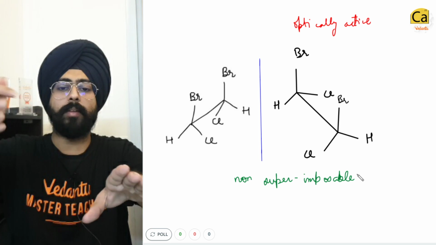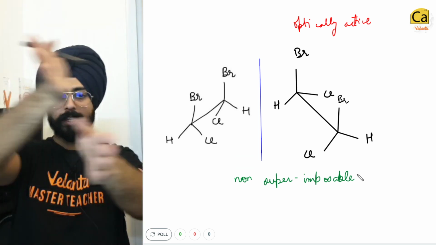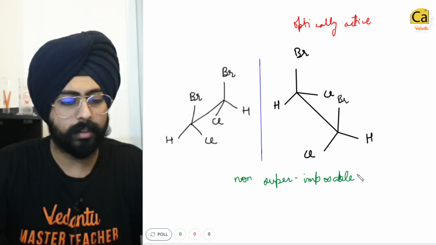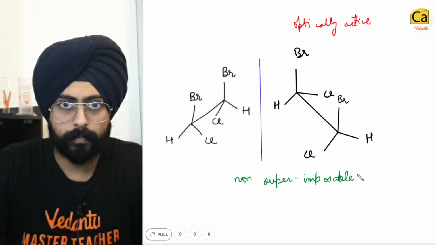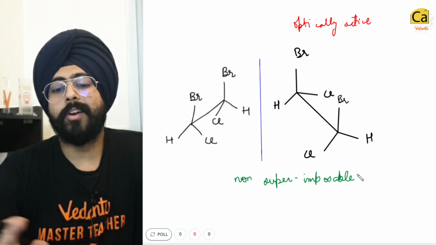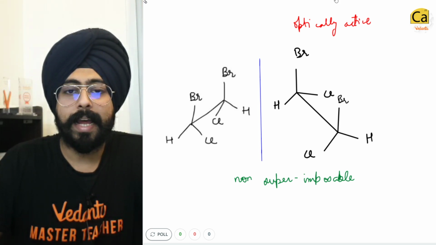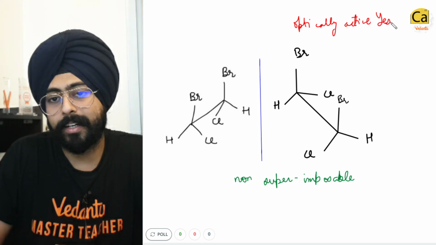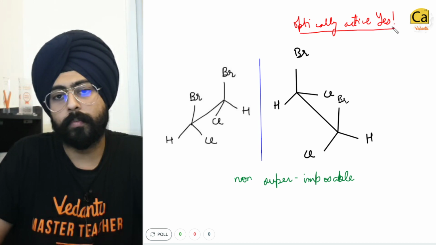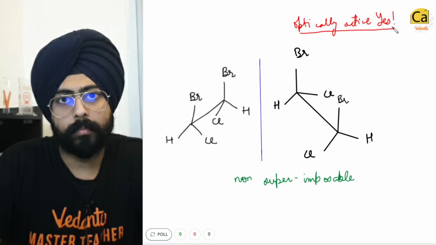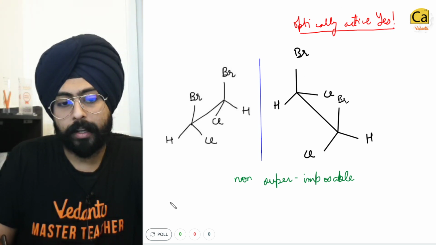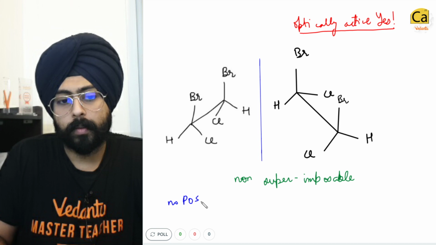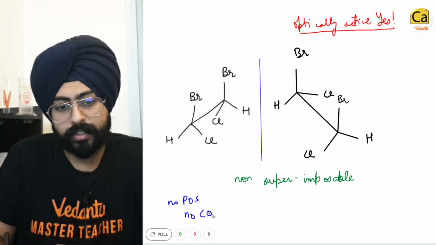Don't break any bond. It will not overlap no matter how hard you try. These two are non-superimposable with each other. Hence, yes, it is optically active. Over here, there is no plane of symmetry. There is no center of symmetry.